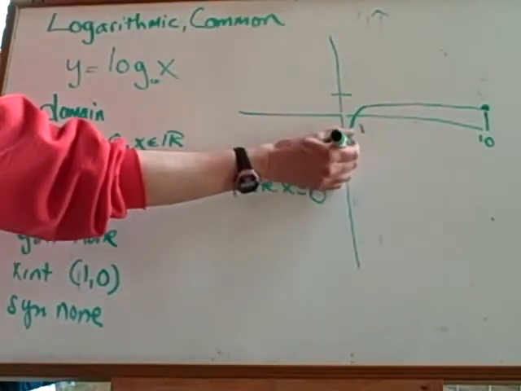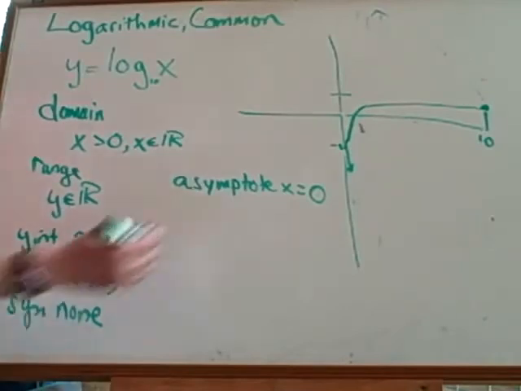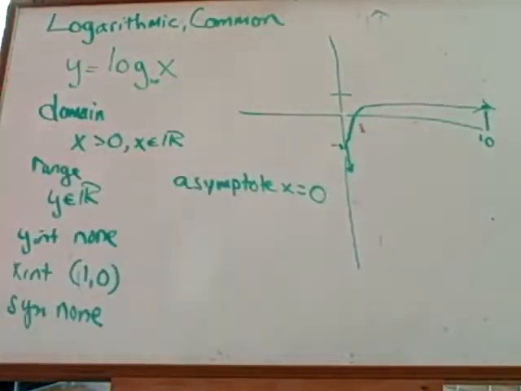This one just goes this way. You can cross a horizontal asymptote, but a graph won't cross a vertical asymptote. You can jump it, like it did on that hyperbola, that linear inverse. All right, we did asymptotes.